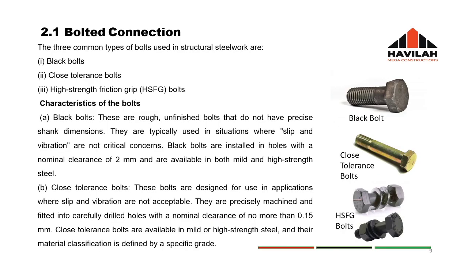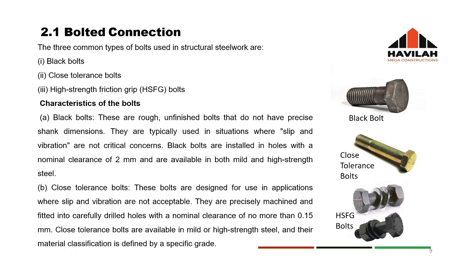All right, so there are various kinds of steelwork connections, or various methods we use in achieving steelwork connections. One of them is a bolted connection, the use of bolts in making connections on steelworks.